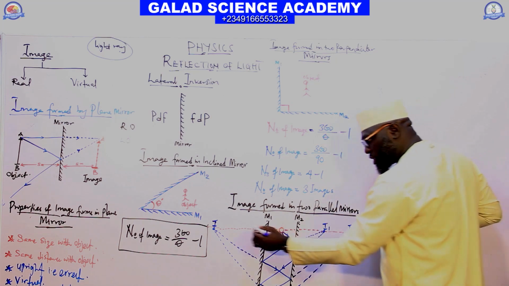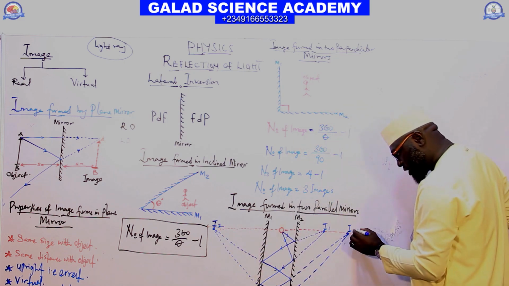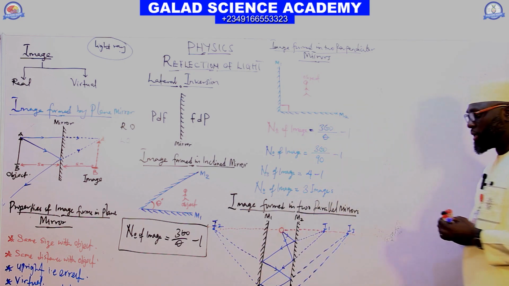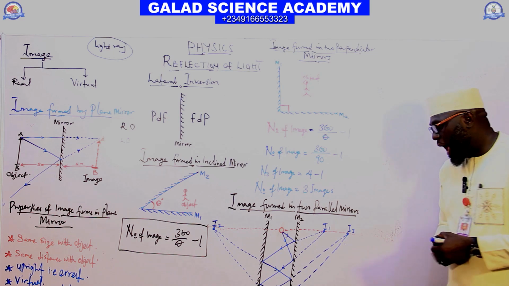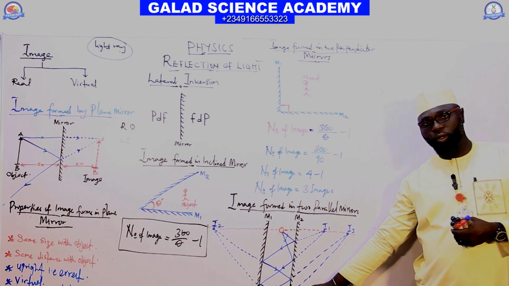This is the first image. This is the second image. This is the third image. This is how the formation of images in two parallel mirrors looks.